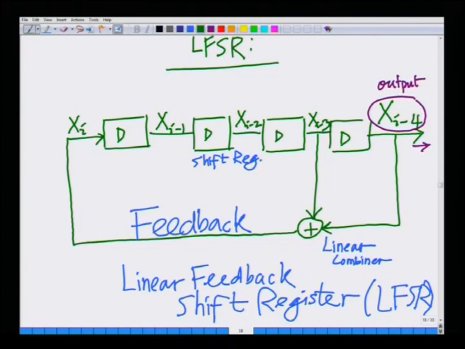I take two outputs and combine them linearly. For instance, here I am taking xi minus 3 and xi minus 4, combining them linearly, and then feeding it back as xi to the set of registers. Hence, this is a set of registers, there is a linear combination and then there is feedback. This is a linear feedback shift register, also abbreviated as LFSR.